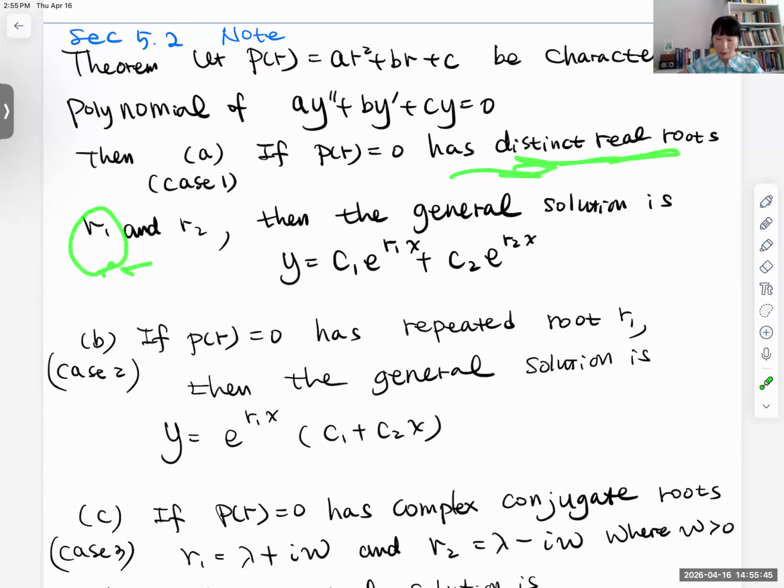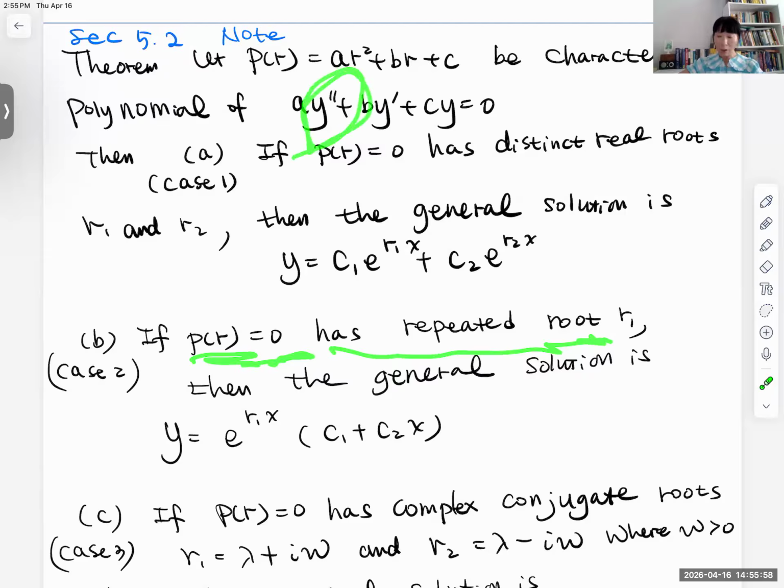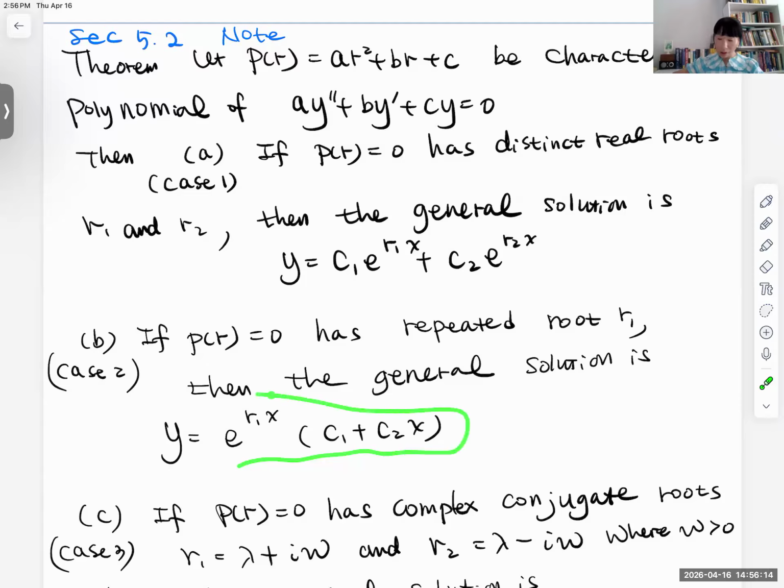Then there is r_1, r_2. Case two, there is only one root, a repeated root. Since this is second order, there must be two roots, but one is repeated. In that case, we use this form for the general solution.